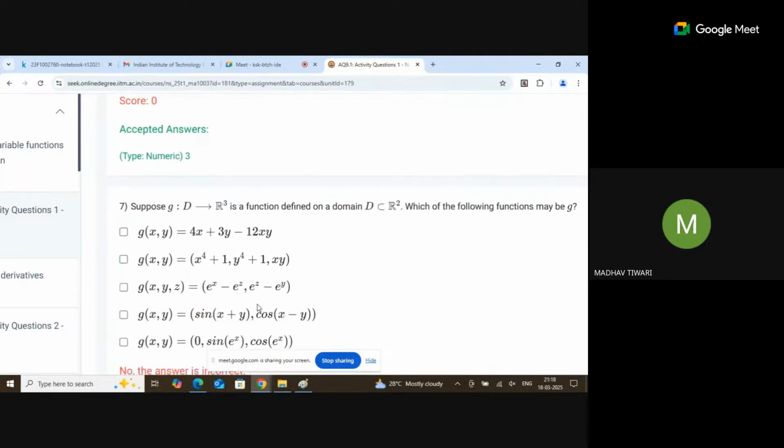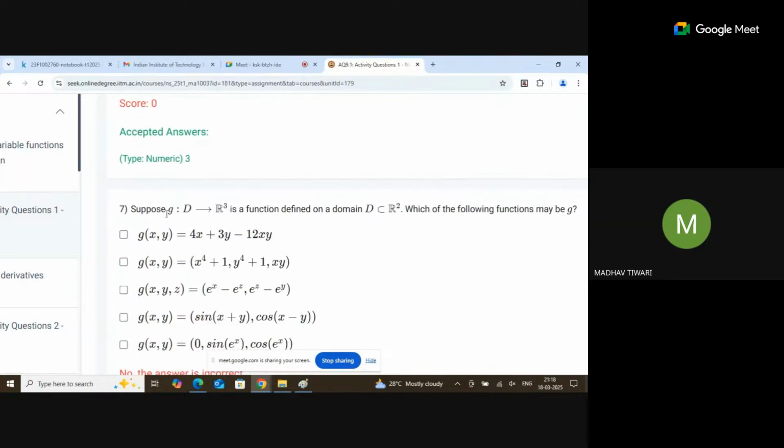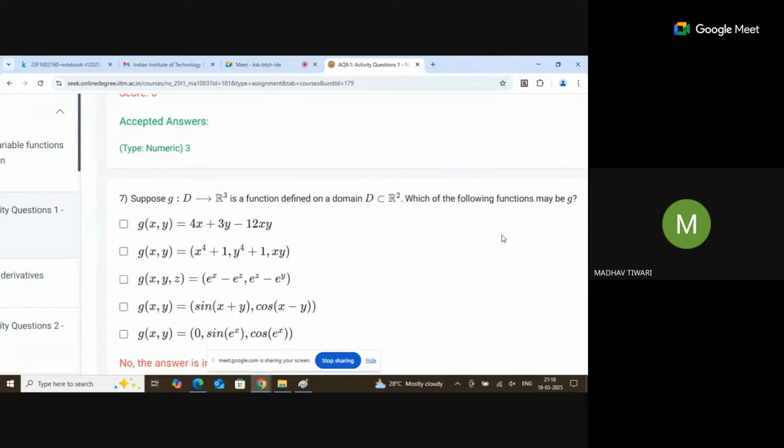After that, you are given a G, a function from D to R3, where D is in R2. We have to find out which one can be G. This is not G because its domain is not in R2, so you can remove this third one.